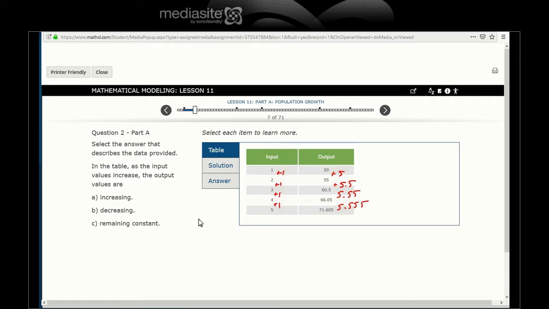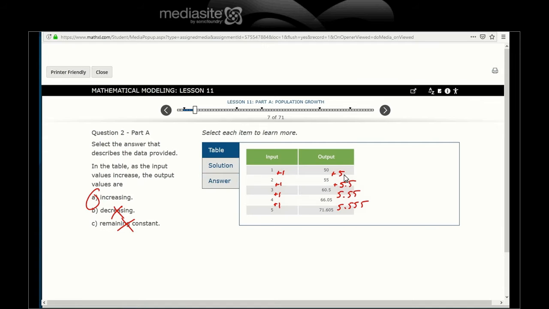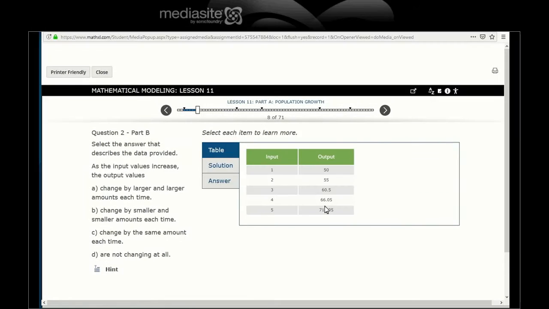Well, they're not staying constant. They're not getting smaller. So again, increasing. But notice it's increasing, but not at a uniform rate, or constant rate, or constant change every time.